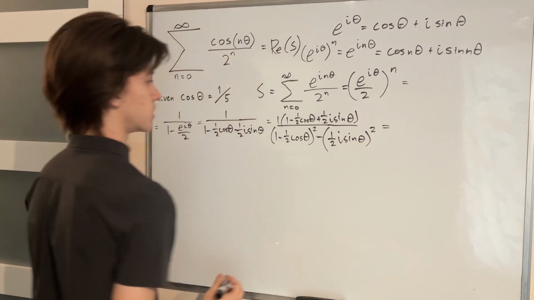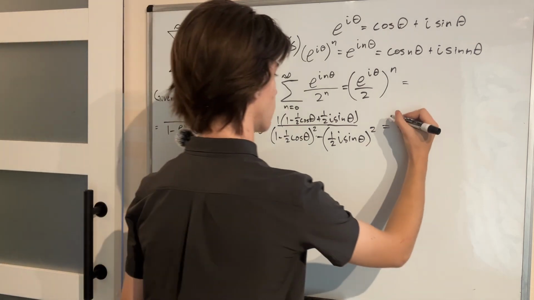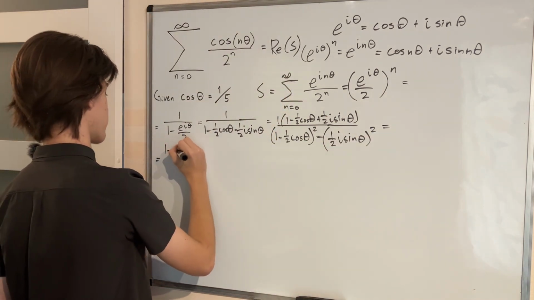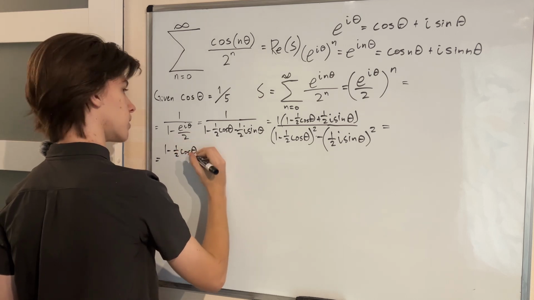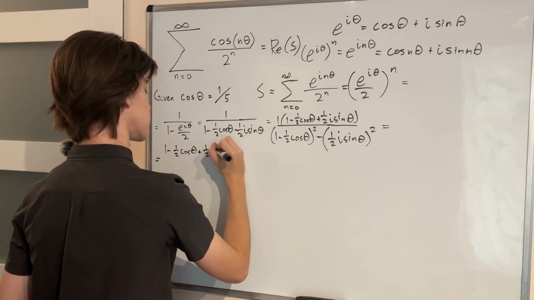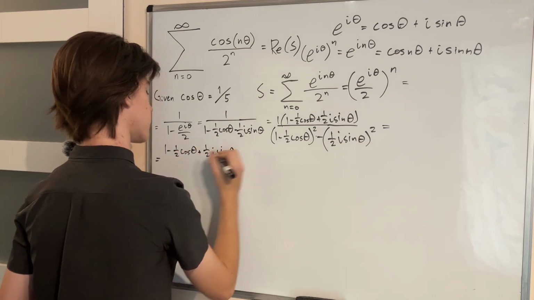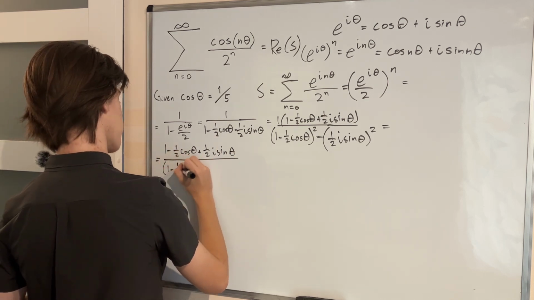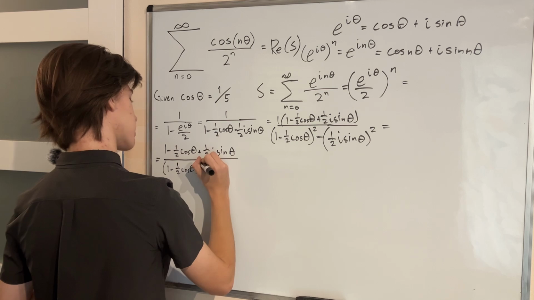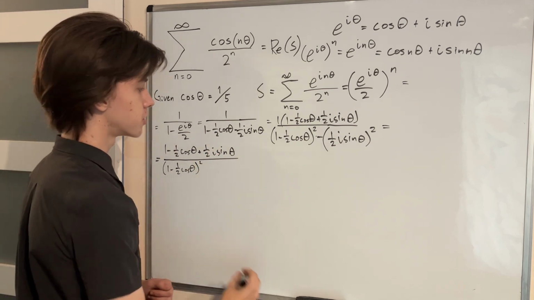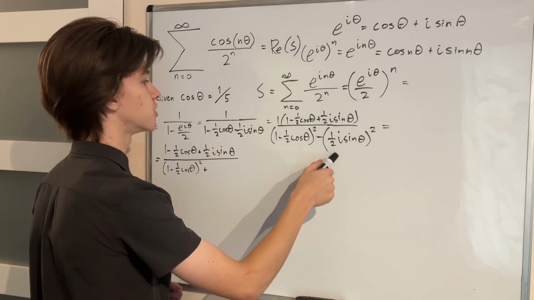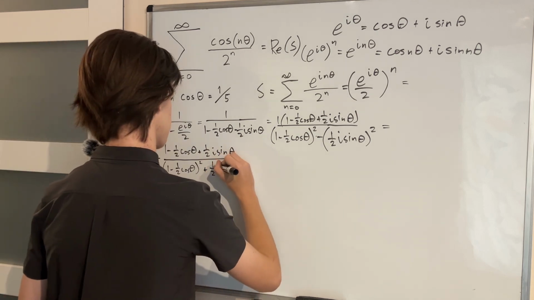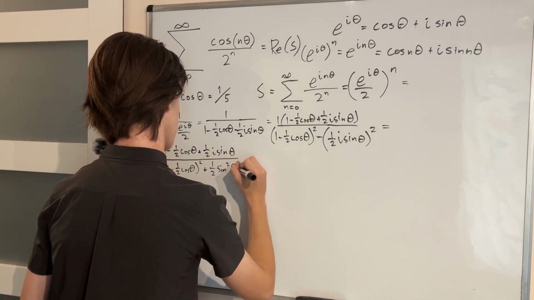And so s is going to be equal to all of this. I'm going to write it here. All of this, 1 minus 1/2 the cosine of theta plus the half i sine of theta, and then over these squares, 1 minus 1/2 the cosine squared, and then this is going to be plus, because we have an i squared, which is equal to -1, 1/2 the sine squared of theta.